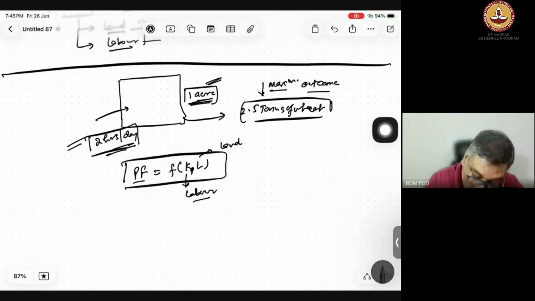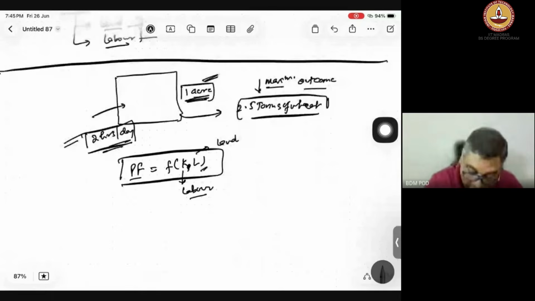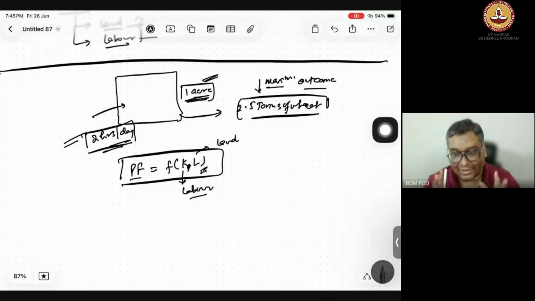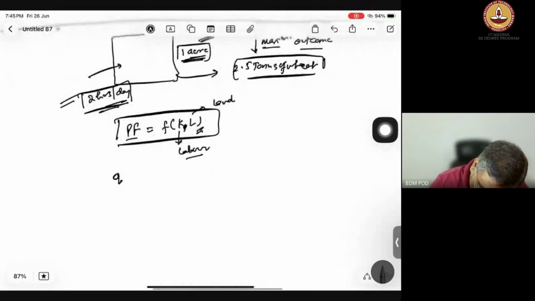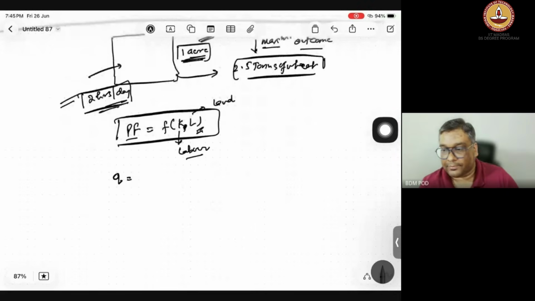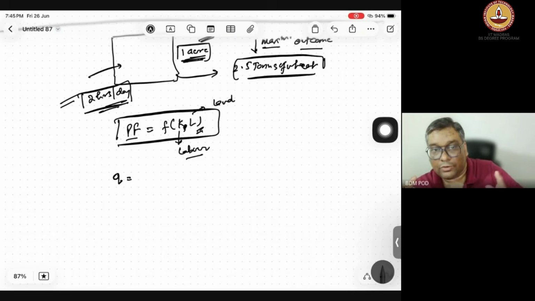These are your inputs. With these inputs, how are you going to get a maximum output? The relationship between them is called a production function. So what if you want to find out the quantity, the maximum amount of wheat you can acquire from a land?